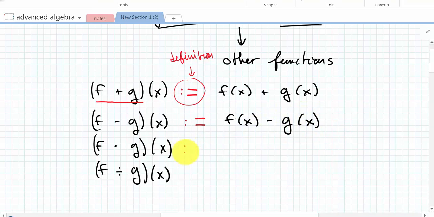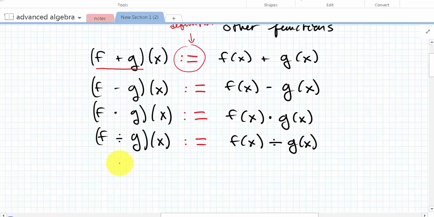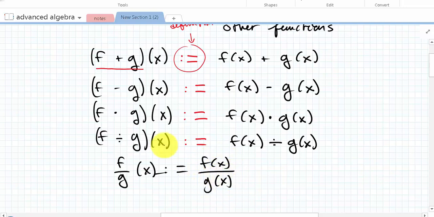The output of a product is the product of outputs. And finally, the output of a division is the ratio of outputs. You can write it like this, or this last one is sometimes written as f over g of x, and that by definition is f of x over g of x. So the last two mean the same thing.